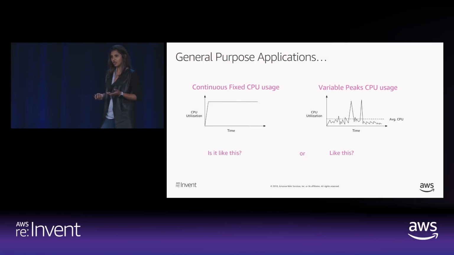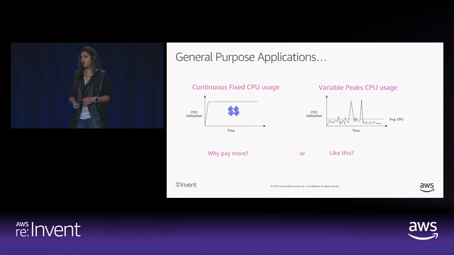Most of the time you have variable CPU usage, with periods where it bursts to peaks and then quickly comes back down, or periods where it needs to sustain high CPU and otherwise runs at moderate CPU usage. So if you have variable CPU usage, why should you pay a fixed CPU price when you can get the same performance at a lower price on Burstable instances?